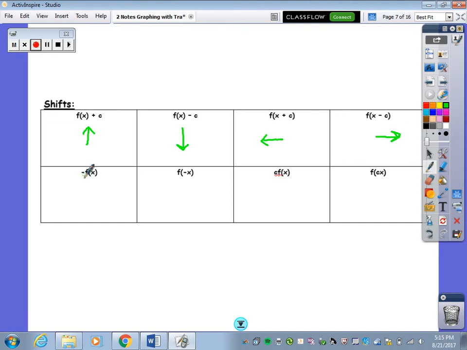When we see a negative on the outside of the function, this is affecting our y's. So if our y's are flipping, then we're flipping over the x-axis. Here, this is affecting our x's. When our x's are changing, we're flipping over the y-axis.